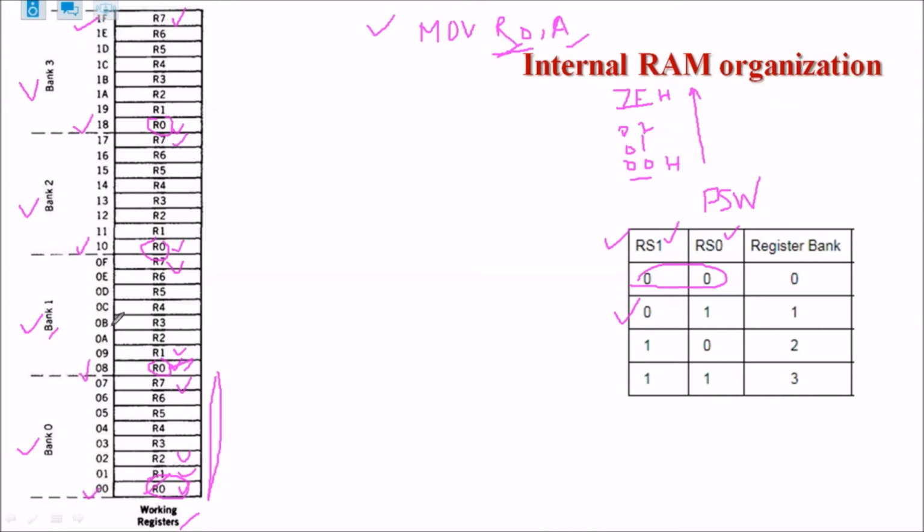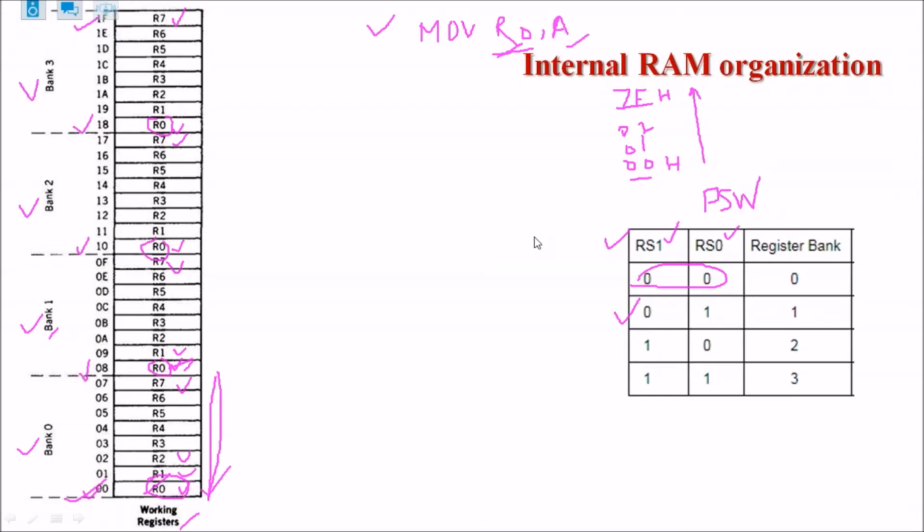So you can use addresses also instead of R0. But generally we don't remember addresses. You are not going to remember that the address of R0 of bank 3 is 18H. Instead, you can use the names R0 to R7. But both ways are possible in 8051. You can use addresses or you can use the name of the register. So the first part of RAM memory is the register bank part.